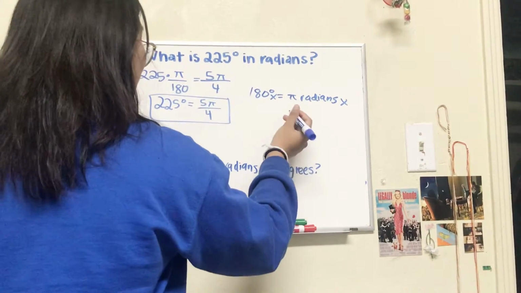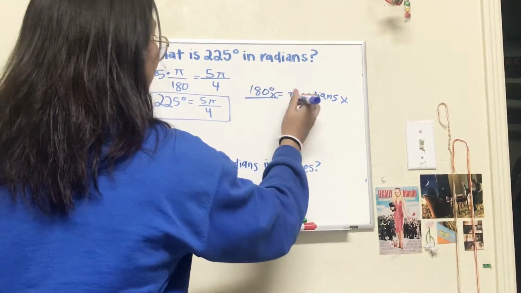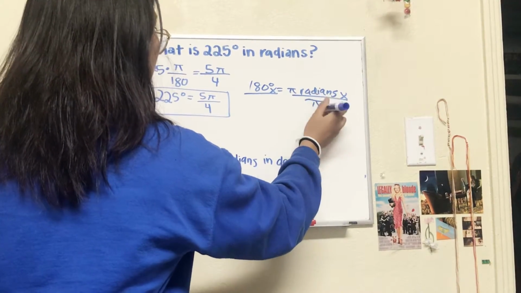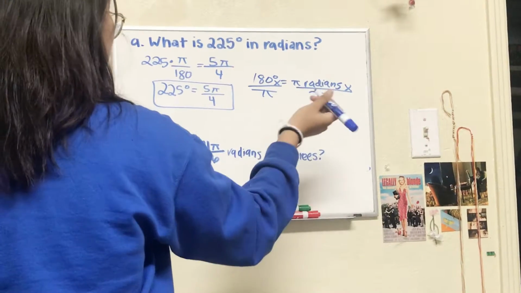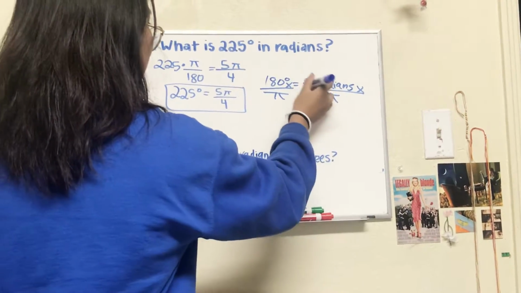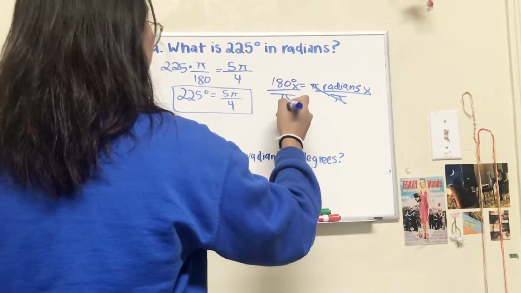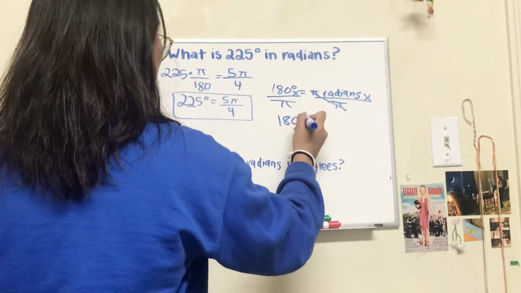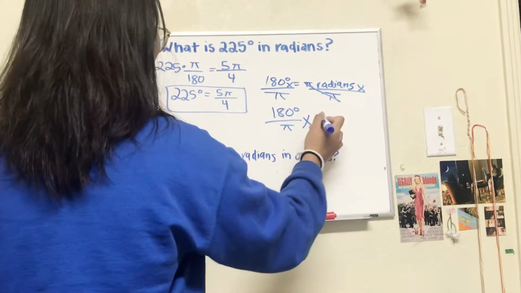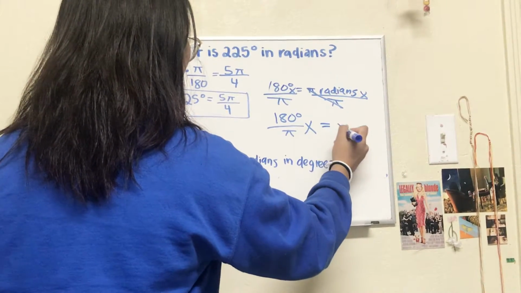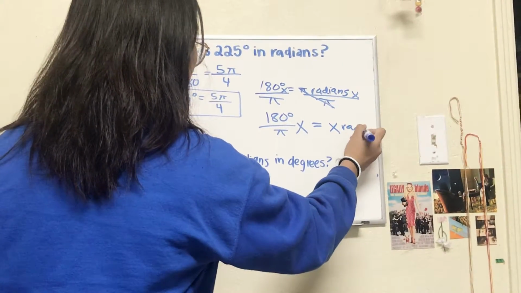So this time we will divide both sides by pi to isolate the x radians in order to find out what the degrees are. So now we get 180 degrees divided by pi, times x radians, equaling x degrees.